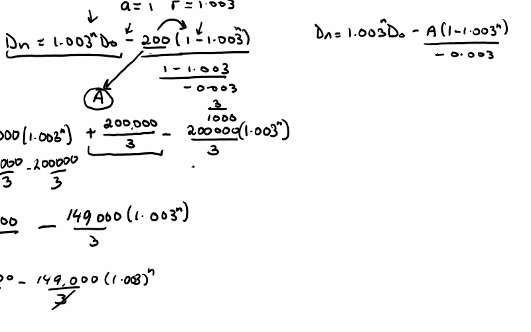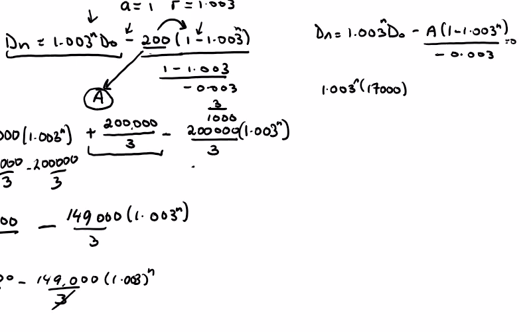This becomes 1.003 to the power of n times 17,000, D0, and all of this will be equal to 0.